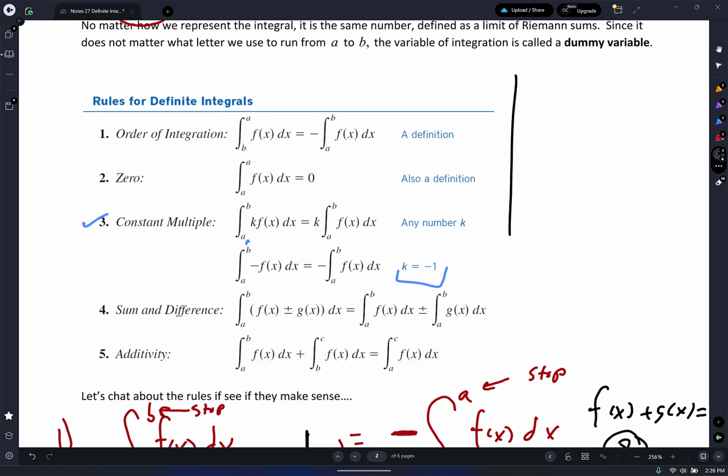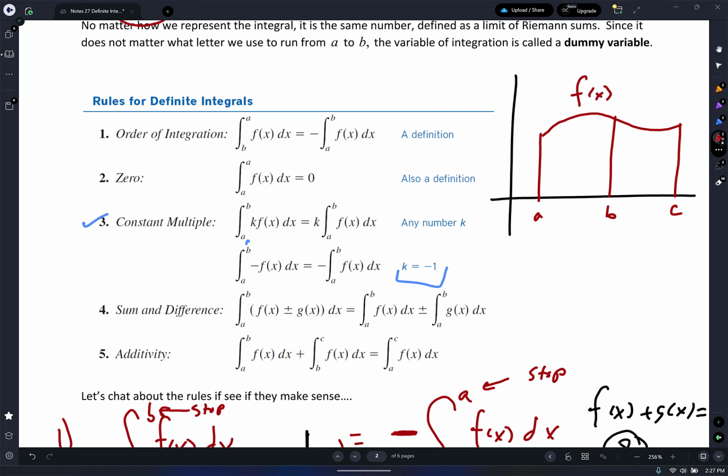Additivity. Tell me if this makes sense. A to B to C. Here is A. Here is B. Here is C. And I'm going to call this f of x. I'm going to color code it.